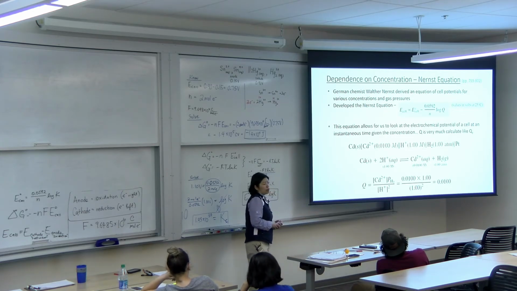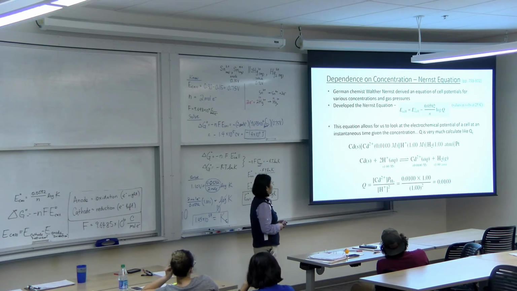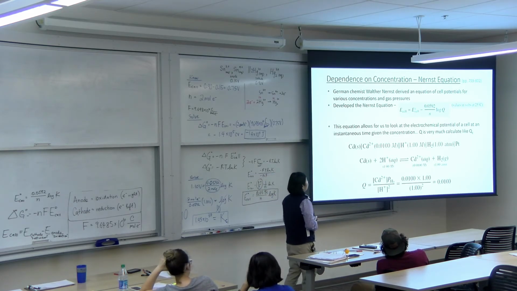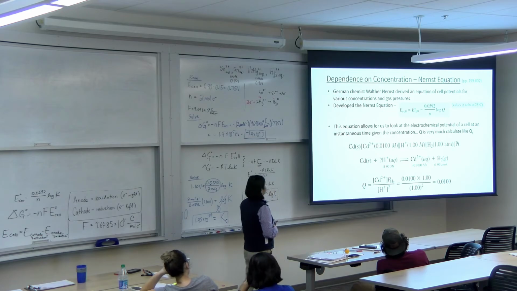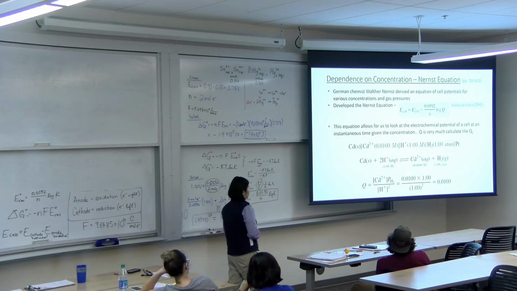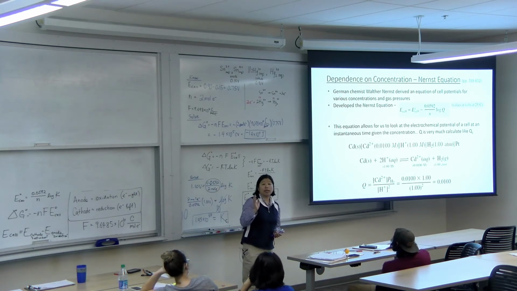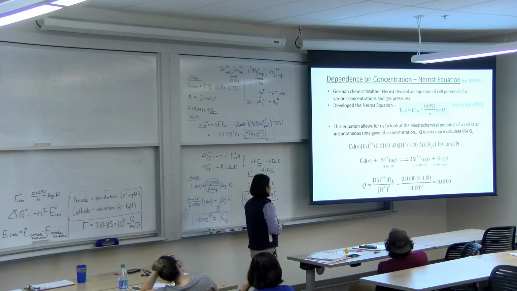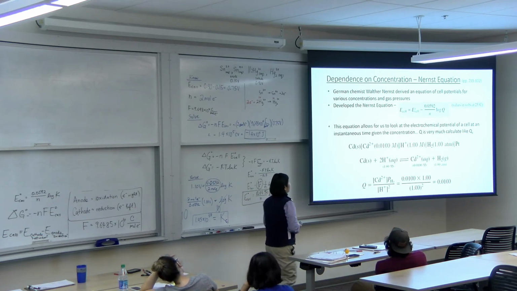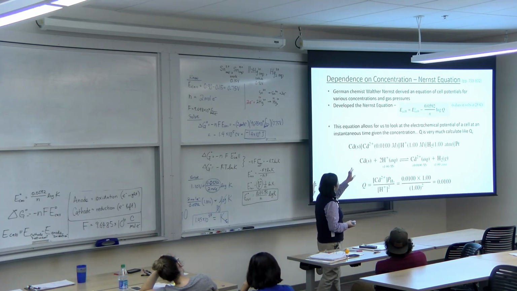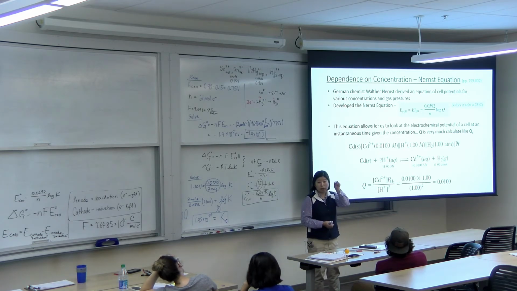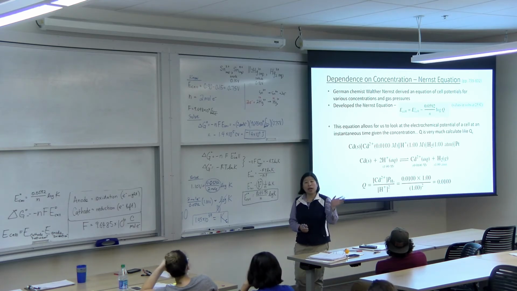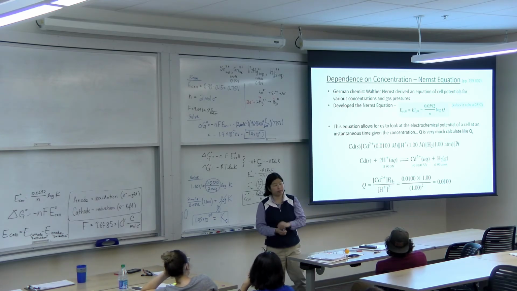And this was discovered by German chemist Walther Nernst. He derived an equation for the cell potential for various concentrations and gas pressures. Remember, for gases, the pressure was 1 atm for it to be standard, right? So the Nernst equation says that E cell, and now notice, this E cell has no little circle, the little degree sign. That means it is not at standard conditions, okay?